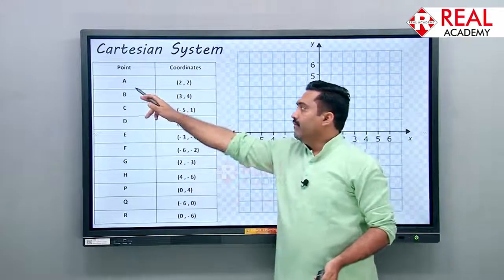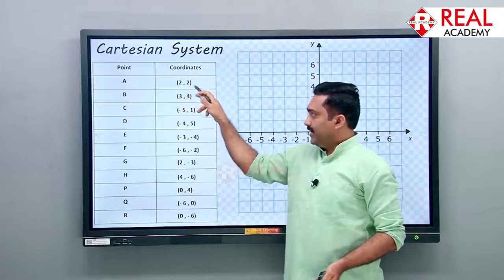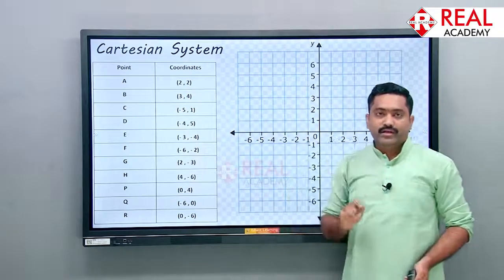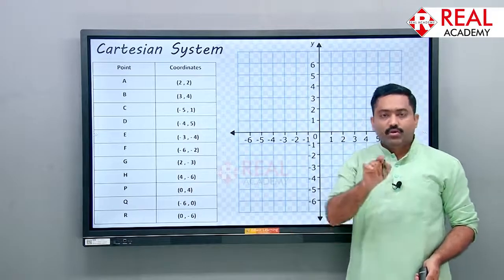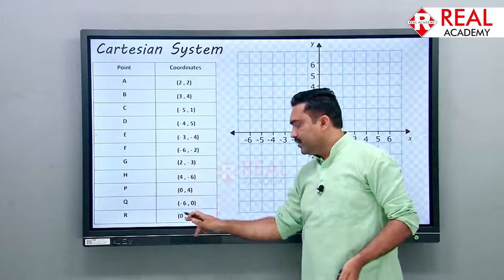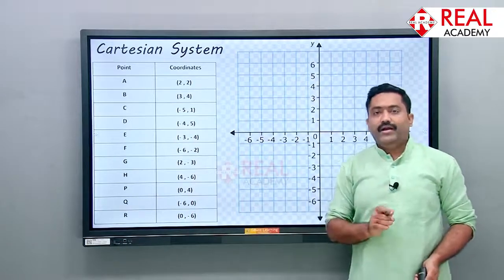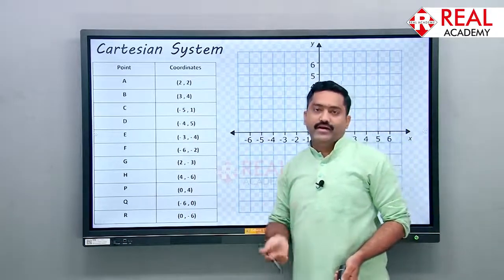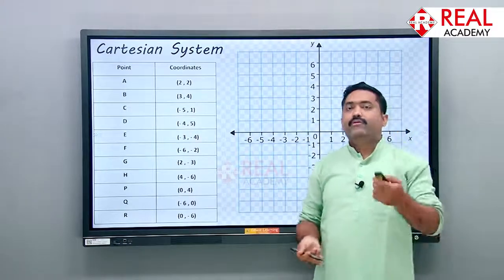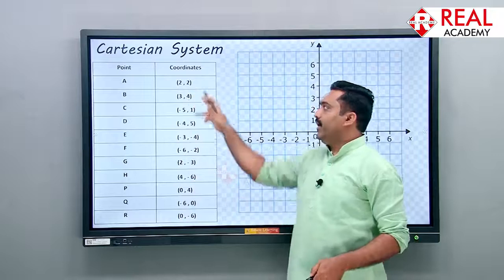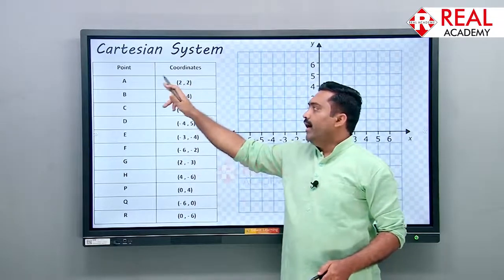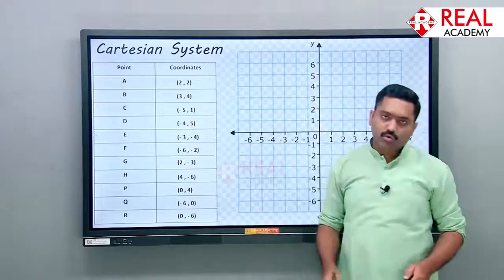A will have 2 coordinates, first number, second number. अब यहां पे भी कंफ्यूजन हो सकता है कि फर्स्ट कौन सा, सेकेंड कौन सा. तो फॉर दैट, by default it is always considered that the first number is related to x-axis and the second number is related to y-axis. अब हर बार ये number related हम नहीं कहेंगे. We call them as x coordinate and the y coordinate. So A has x coordinate 2 and A has y coordinate 2.